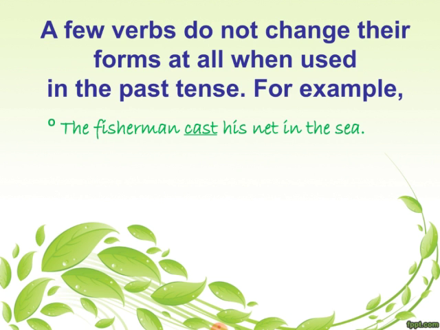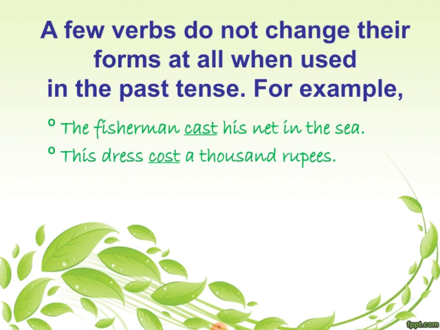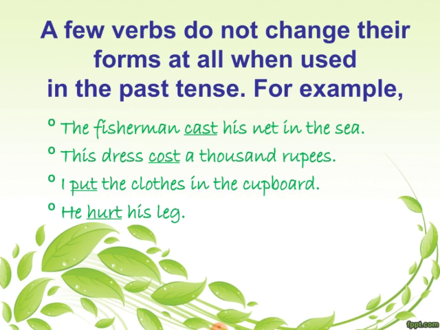Even in the past tense, they don't add any of the alphabets. Cast remains cast. This dress cost 1,000 rupees. Present tense cost, past tense also cost. I put the clothes in the cupboard. Put, simple present tense also put, simple past tense also put. He hurt his leg. In the past tense also hurt, present also hurt.